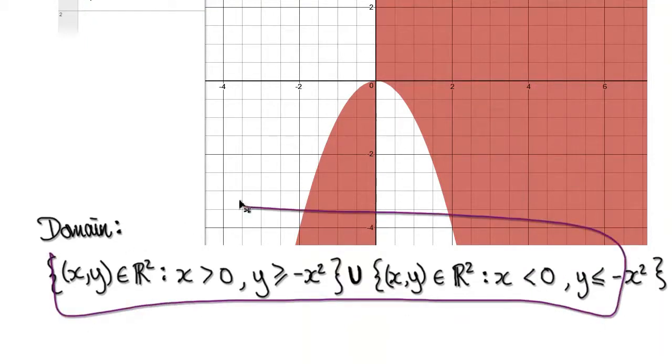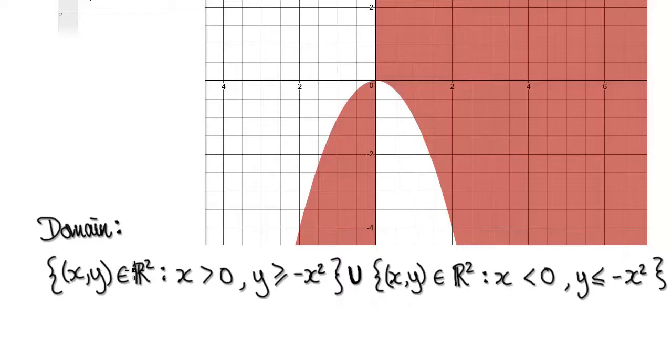So the domain is this. The domain is that (x, y) belongs to the plane, such that in the case where x is bigger than 0, y must be bigger or equal to negative x squared.